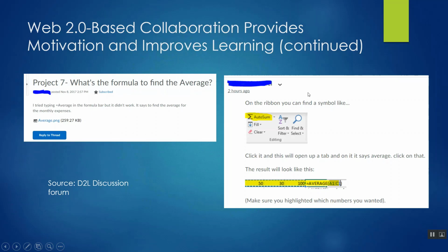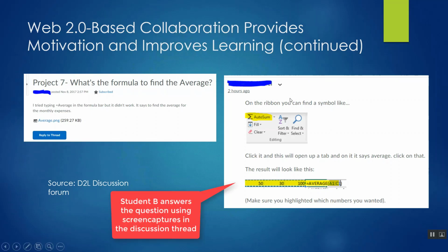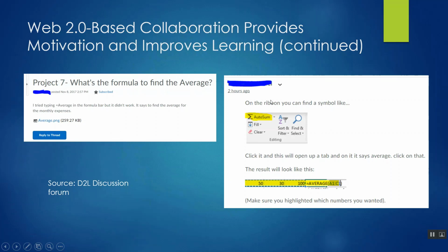Over here is actually one of the responses that were posted to the student's question by another student. We'll call that student B. Student B was able to provide a screen capture of the right tool to use and gave a description of how that tool works and also gave a warning on how to specifically use that tool. So again, we had student A asking the question, and later on in the thread, student B answered the question.